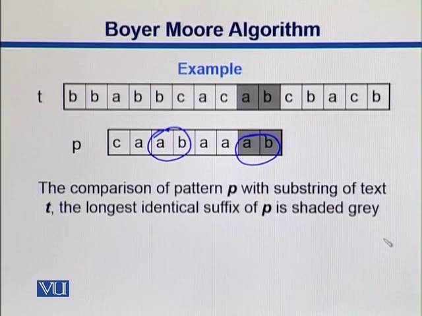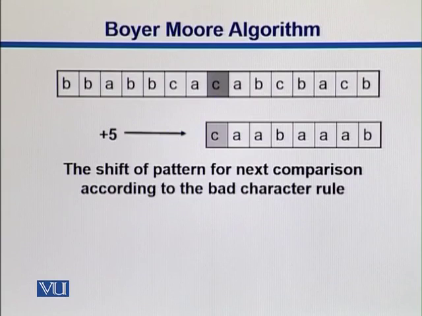So we have this suffix and we compare them and we find the match. First it compared this B here, and then it compares A, and then we get a mismatch at this position. So now it has two options. One is where it has seen the mismatch, as we have seen in the previous slide.